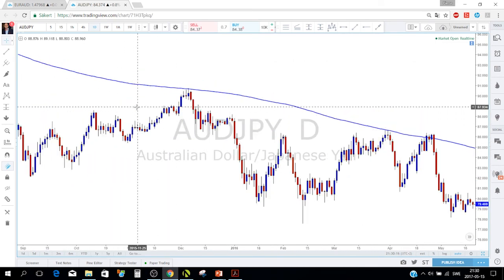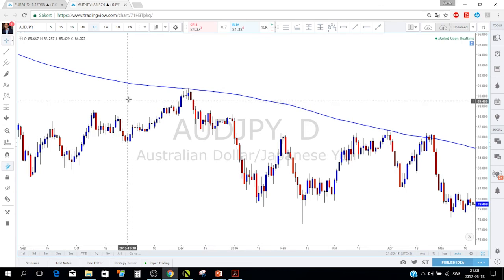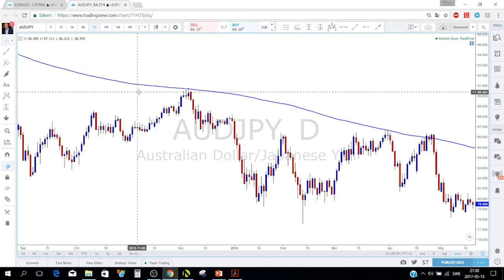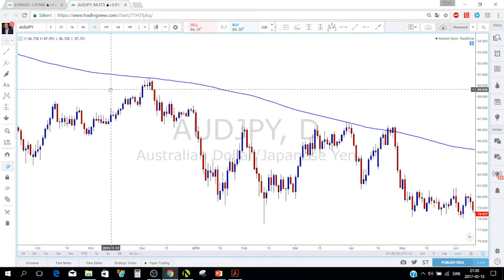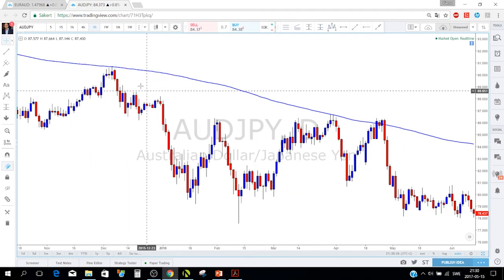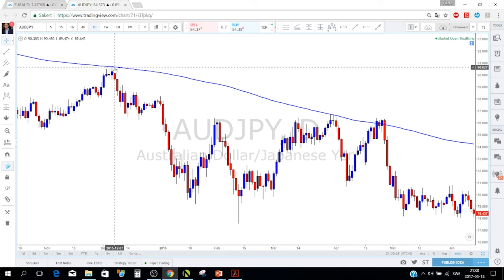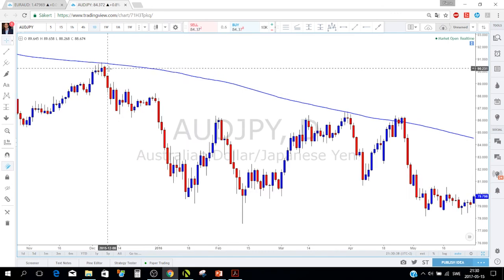So we are trading in a downtrend, and we are trading below the 200 moving average. I used to look at the daily 200 moving average and use it also as dynamic support and resistance, and in this case it's going to act as resistance.